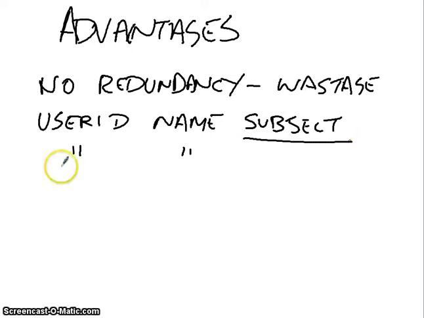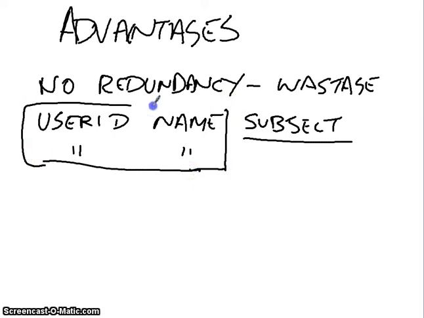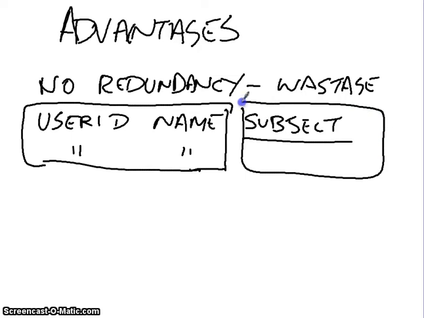What a waste of time. I don't want to type these two again. So what I do is I put these in one table, and then I put this in another table. By doing that, I only type these in once, and then I link these two tables together. So this would have a subject, and it would also have it somewhere in there the user ID to keep them linked together.